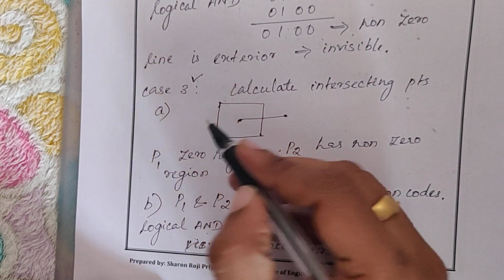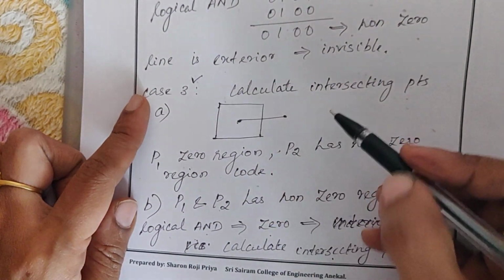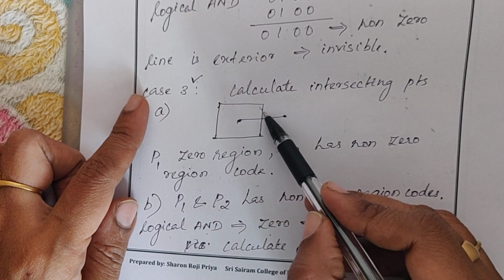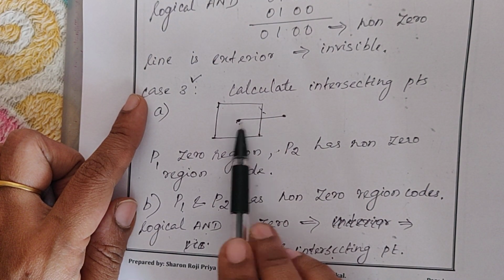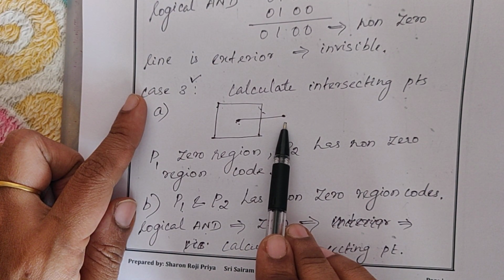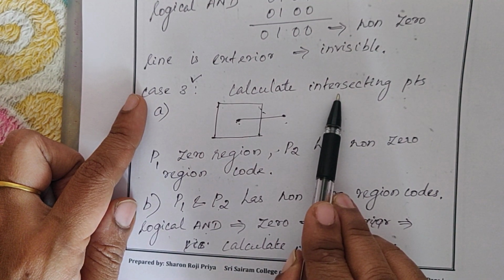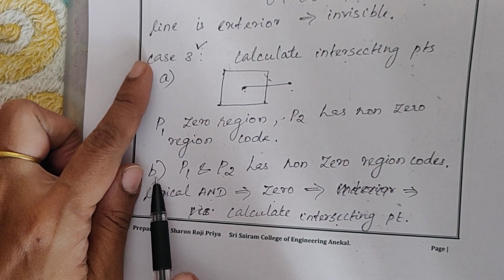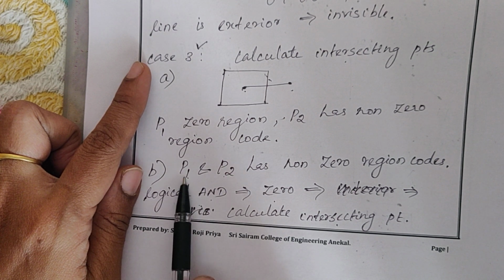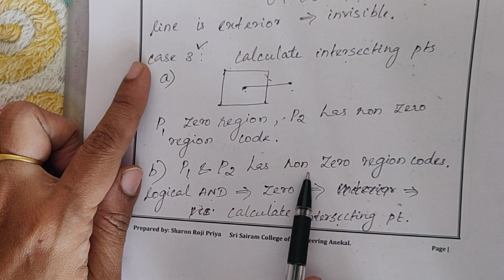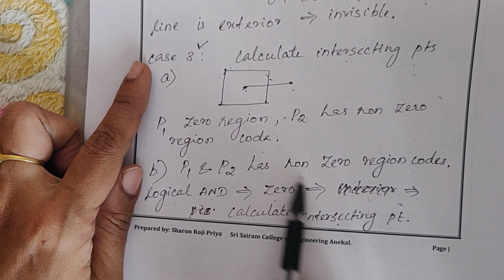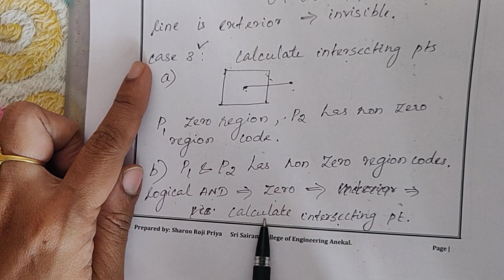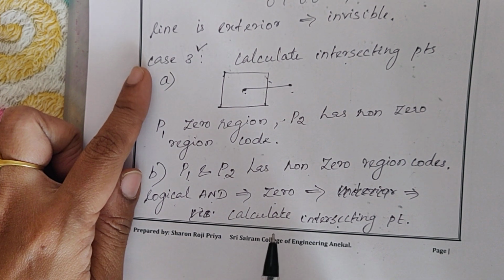Case 3 has 2 subdivisions: in the first, one endpoint has a 0 region code and the other has non-zero, and for this also I have to calculate the intersecting point. For the B subdivision, both endpoints are non-zero, I take the logical AND, and if the result is 0, I have to calculate intersecting points.